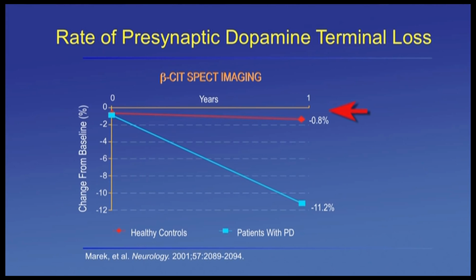In 1 year, they only lose about 0.8% of their presynaptic dopamine nerves, and their cell loss is very little. But the patient with Parkinson's disease, they have a significant reduction, and they lose about 11% of their dopamine cells in 1 year. So there's a major difference, and this occurs mainly in the substantia nigra.